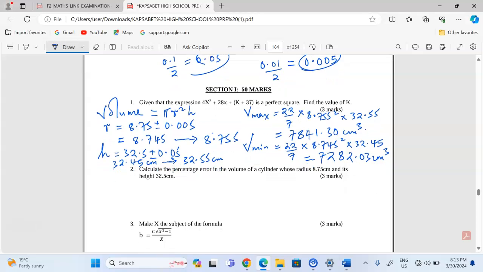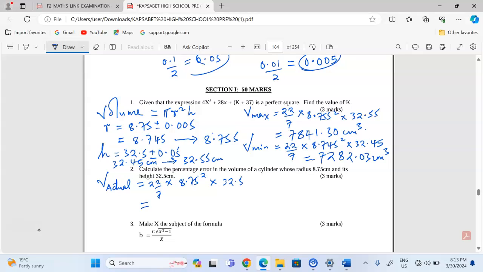Allow me to go to what we call the actual volume, or rather the working volume. This is going to be pi times radius squared, so we pick the radius now, 8.75 squared as it was recorded, multiplied by height as it was recorded, 32.5 centimeters.